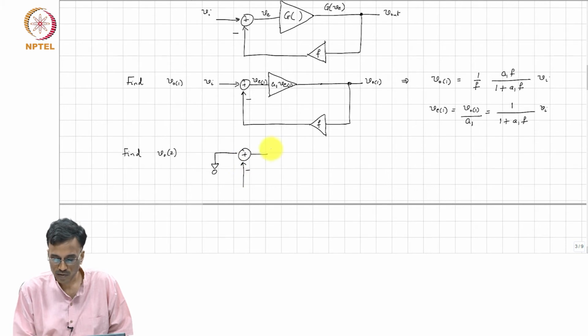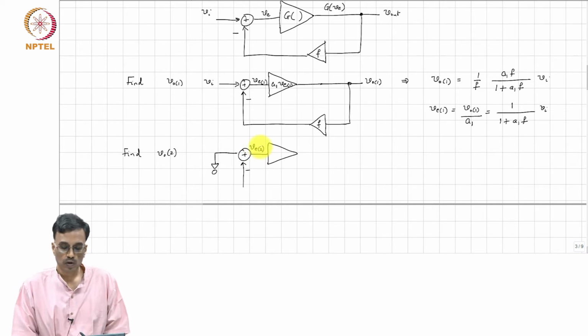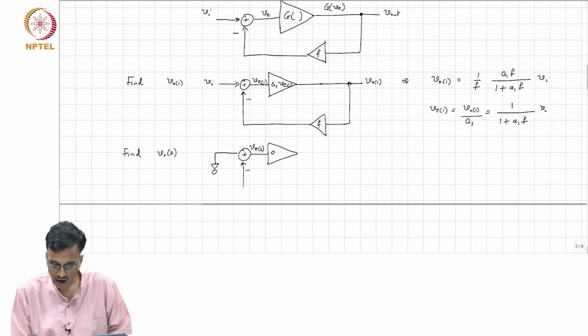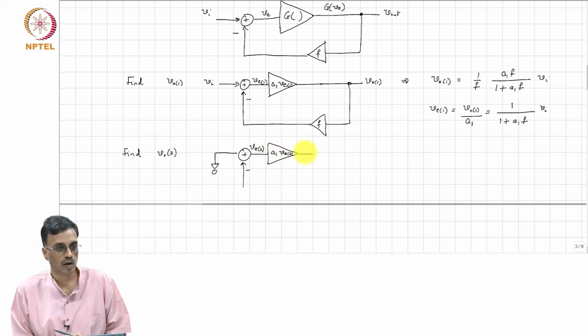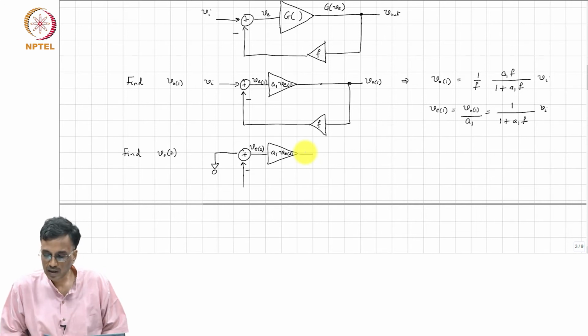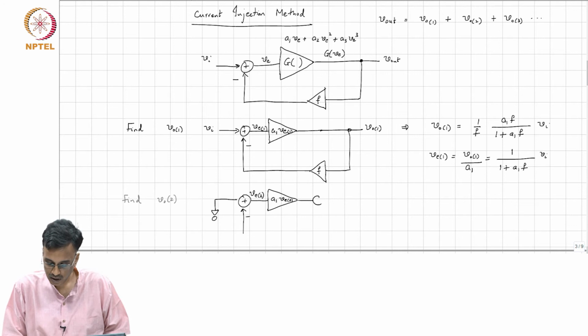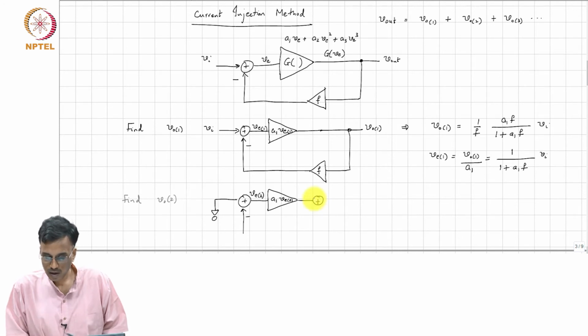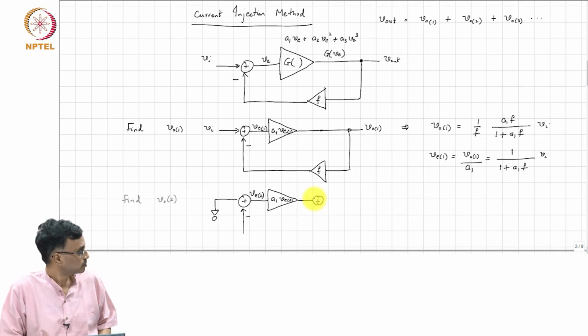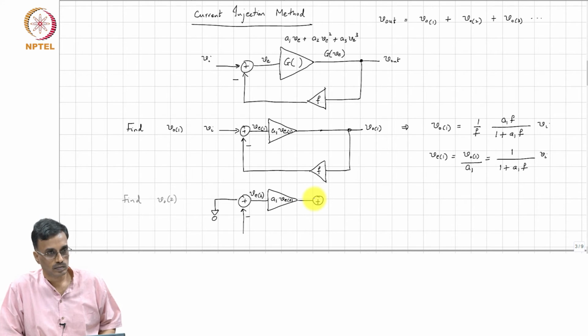And what should we inject? This is going to be VE2. This is going to be A1 times VE2, right, and we have to inject the current of VE2 times V of 0.